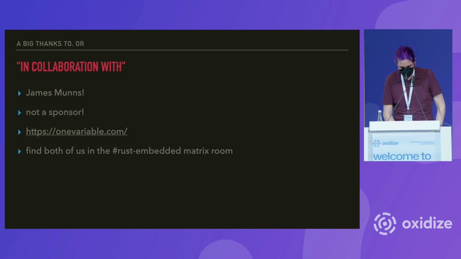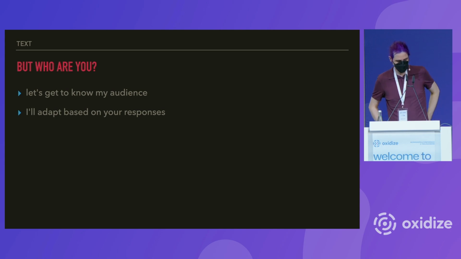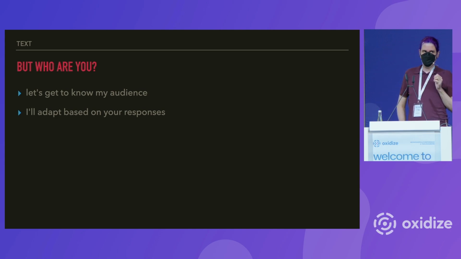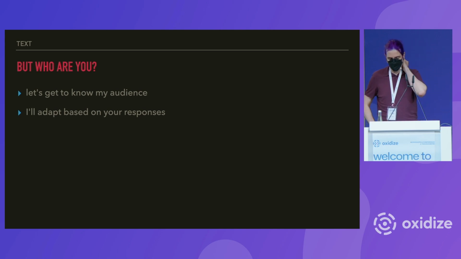Right, so now we know about James and myself, but who are you? I want to get to know my audience a little, because in some talks I've seen, not only about Rust, there seems to be a pattern where the speaker is a bit confused about the target audience and their skill or familiarity level. You would have some really advanced Rust topic where I'm like, okay, I really need to take time to digest this.